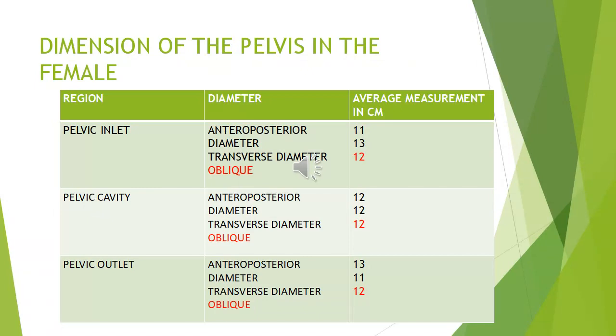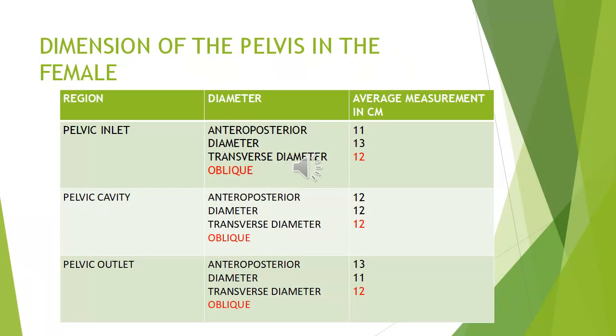The next is the pelvic outlet. Again, in the pelvic outlet, remember the boundaries of the pelvic outlet. Here you can see the anteroposterior diameter. In the pelvic outlet, the posterior boundary is the tip of the coccyx. So the anteroposterior diameter is from the tip of the coccyx to the inferior margin of the pubic symphysis anteriorly. Then the transverse diameter is bituberous, that is, laterally you are getting the two ischial tuberosities.